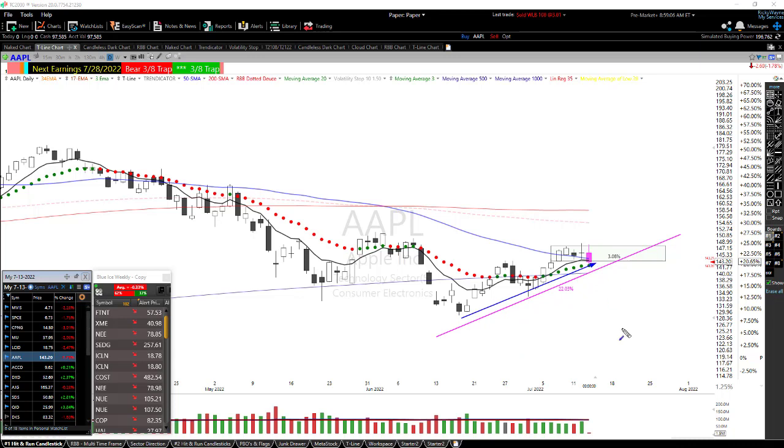I don't care how much you hate Apple or whatever, it is trending. I like Apple because it's got a low, a high, higher low, higher high, and a higher low. I'm not saying Apple is a buy right now, but I'm certainly not going to put Apple in the trash can until I need to. Right now, it's trying to set up, and I'll wait for the most opportune time to buy it.